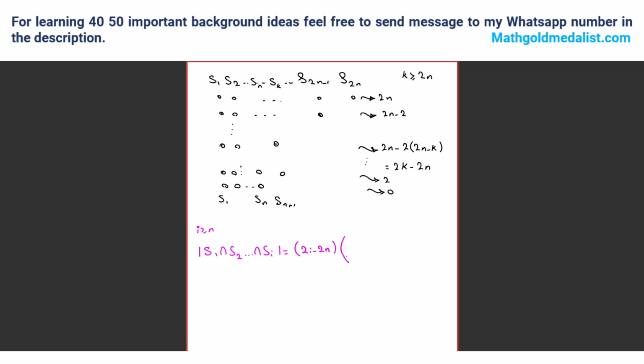2i minus 2n times what? Choose what? Let me check. No, 2i minus 2n only. Okay, sorry. Plus what? 2i plus 2 minus 2n, but times something.